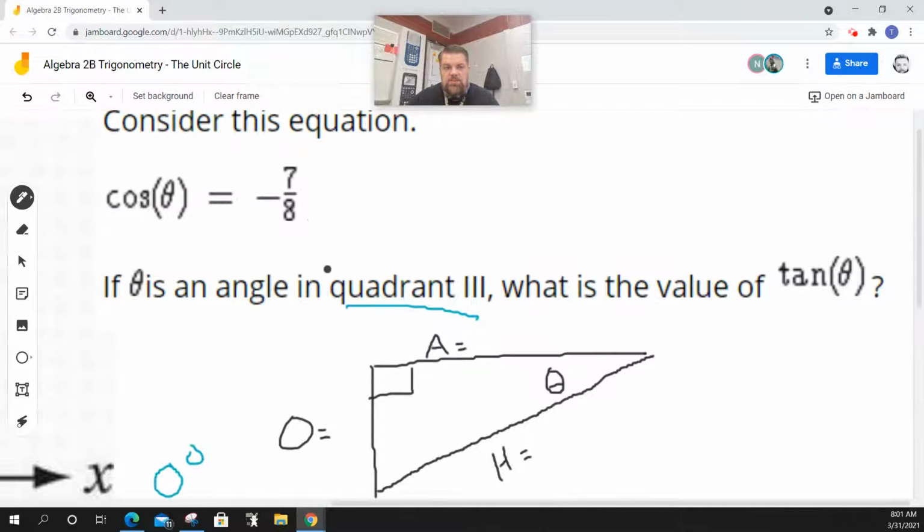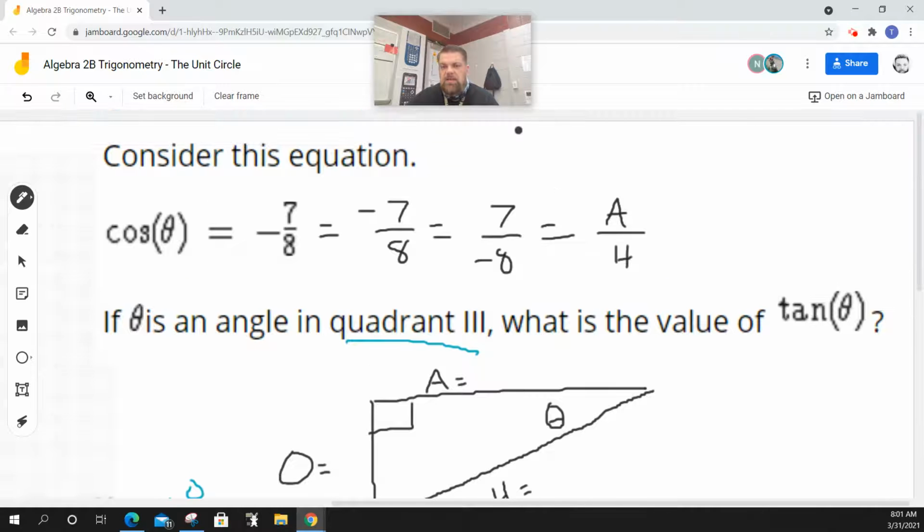So when it says cosine is equal to -7/8, I could write it as -7/8, or I could write it as +7/8. Well, remember that cosine is the adjacent over the hypotenuse.